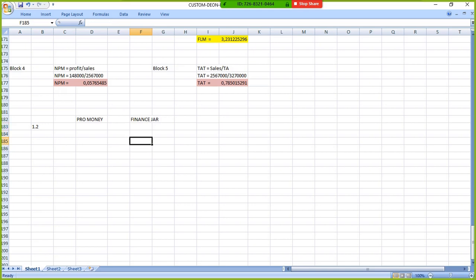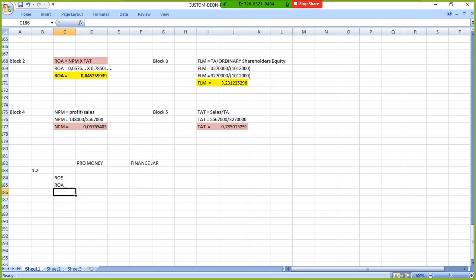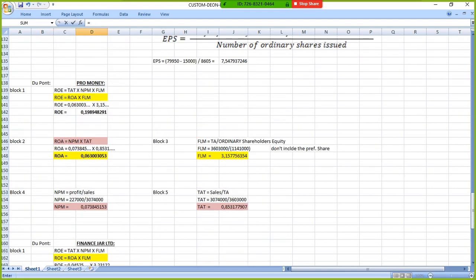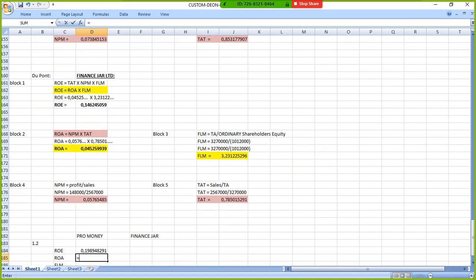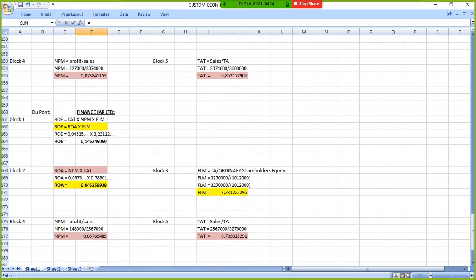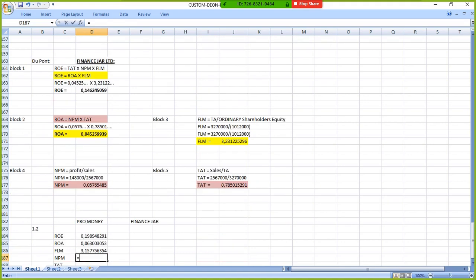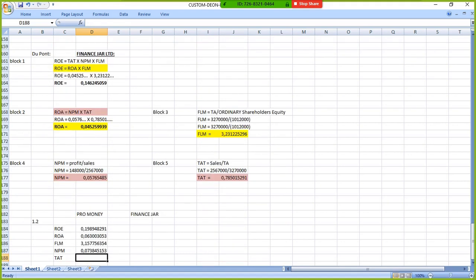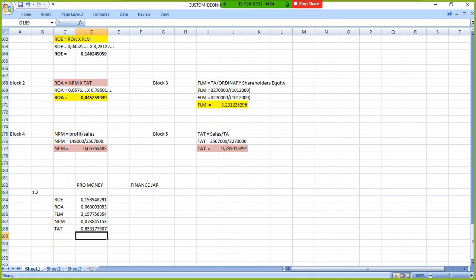Finance Jar. Okay, ROE, ROA, what else did we have? FLM, NPM. So you need to write all of these things in there. Yeah, I'm just going to reference those figures. So Pro Money, ROA, FLM, NPM, total asset turnover.